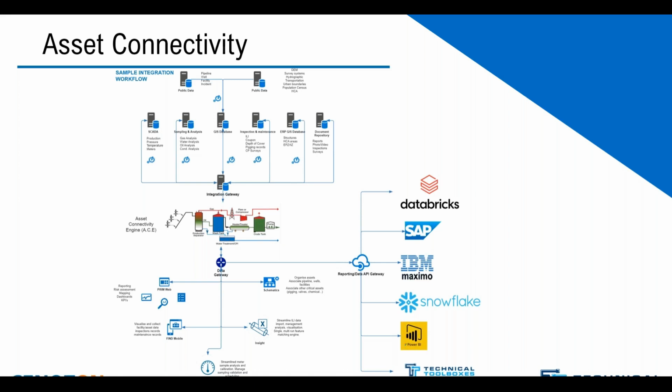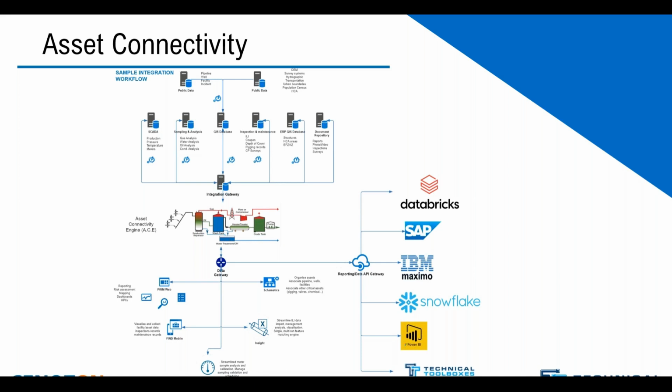We'll bring in SCADA data, sampling and analysis of your gas and water samples, ILI data, coupon data, other inspections, and then other supporting information. So if you have surveys, photos, videos, all of this data we bring in an automated fashion.